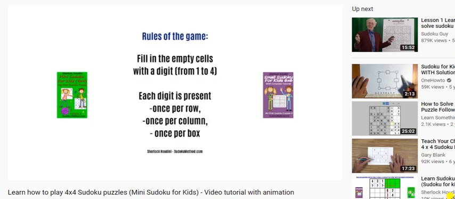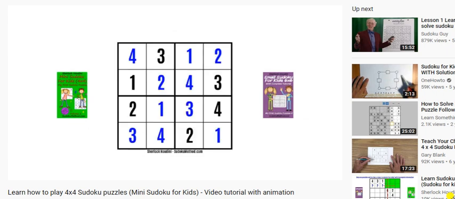The rules of the game are simple. Fill in the empty cells with the digit from 1 to 4, making sure that each digit is present only once per row, once per column, and once per box. Here is the previous puzzle once completed.